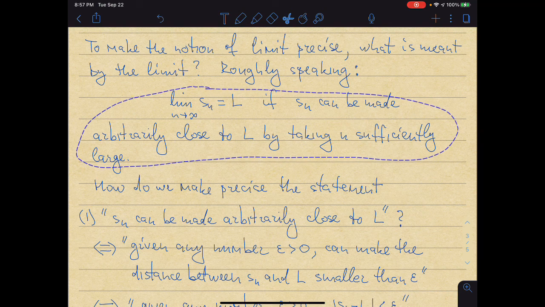How can I make Sn minus L less than epsilon? Well, I need to take n to be sufficiently large. So if there is an epsilon, there should exist a threshold value of n, such that if n, the index, is larger than this threshold value, then the distance between Sn and L, or absolute value of Sn minus L, is going to be less than epsilon.